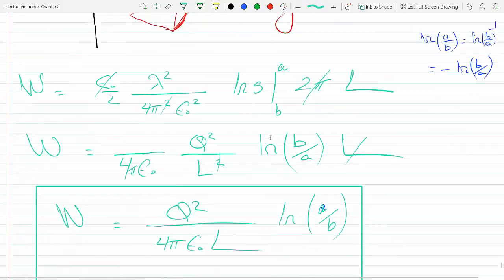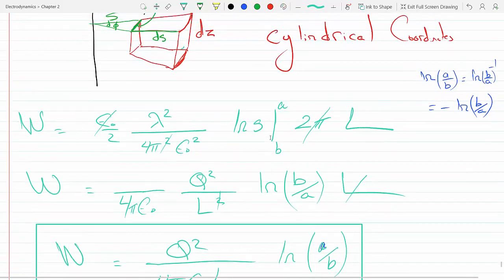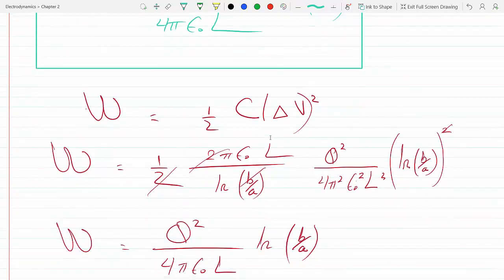Okay, so this is correct, there's no problem here. But then when you square the delta V, like I explained to you, because the minus sign doesn't matter, you could make this a over b, and there's a minus sign here, which doesn't really matter. True?